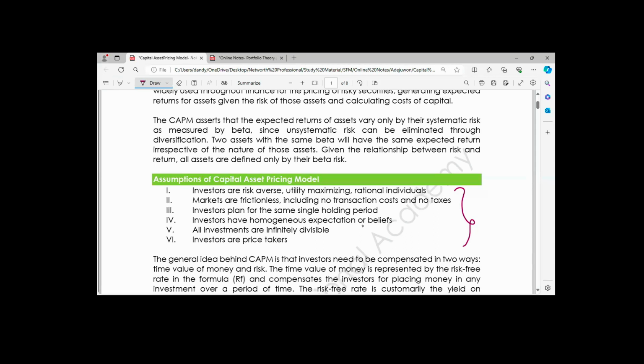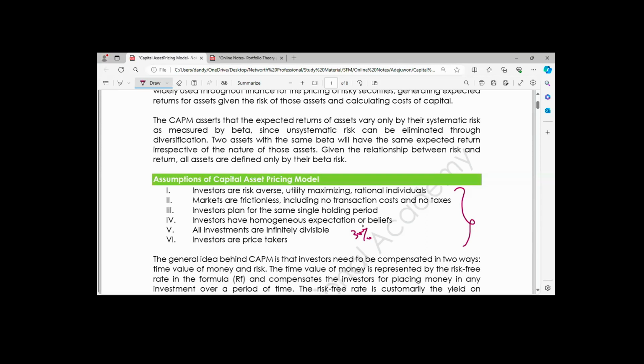Then the fifth one says that all investments are infinitely divisible. Not all investments can be divisible. When you say divisible, it simply means that part of the investment can be invested. For example, you can invest 30% of the total original amount, you can invest 70%, you can invest 99%, whatever.